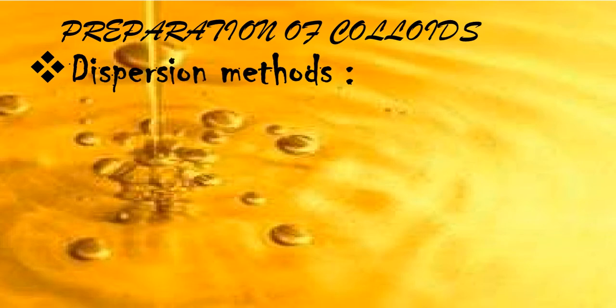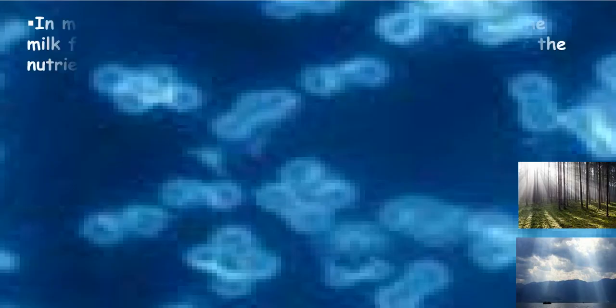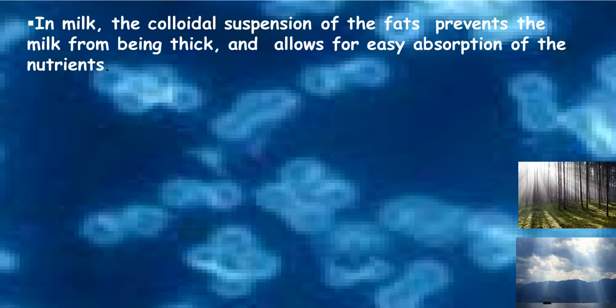We have preparation of colloids. We have a way we call the dispersion method. In these methods, larger particles of a substance or suspensions are broken into smaller particles. We have a lot of examples here that illustrate colloidal suspension.